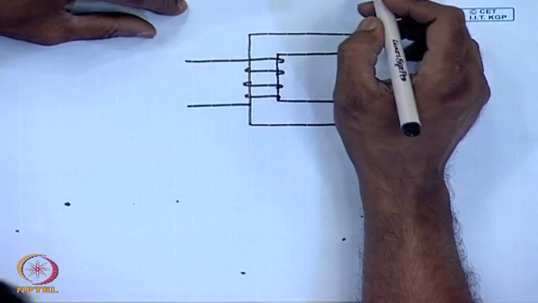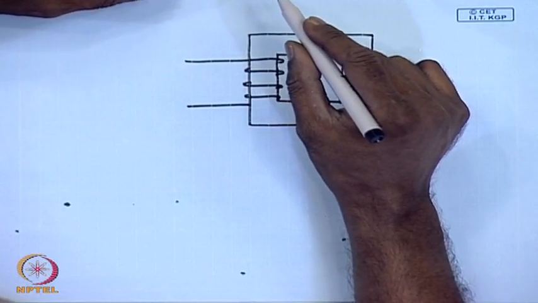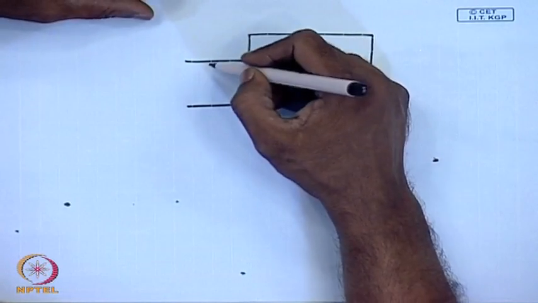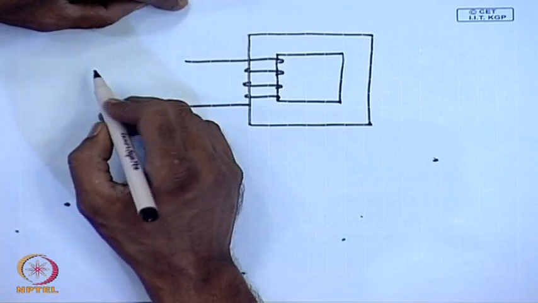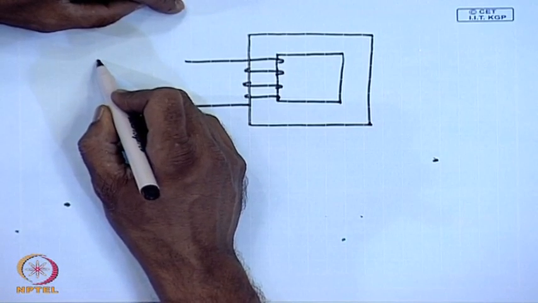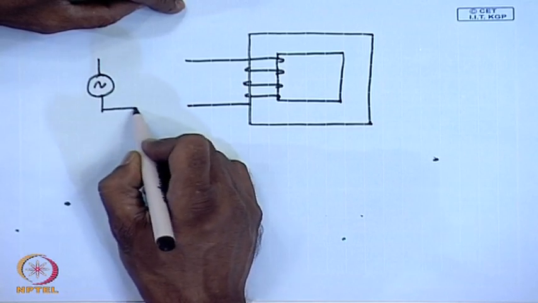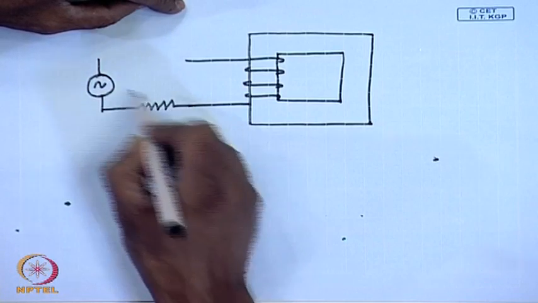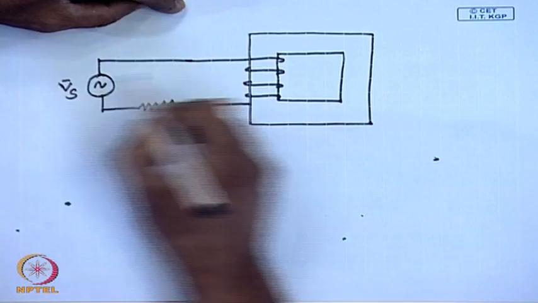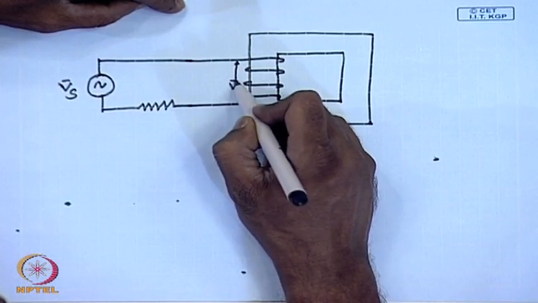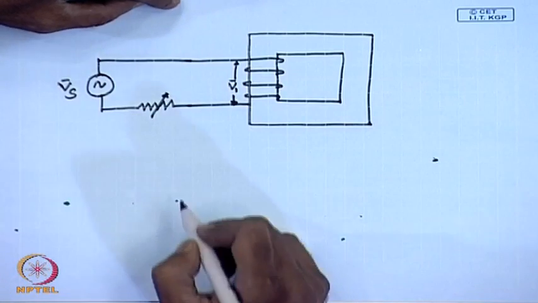It is done on the LV side, but let us say the available supply voltage is larger than the rated voltage of the LV side, in which case we can reduce the applied voltage by connecting a variable resistance.